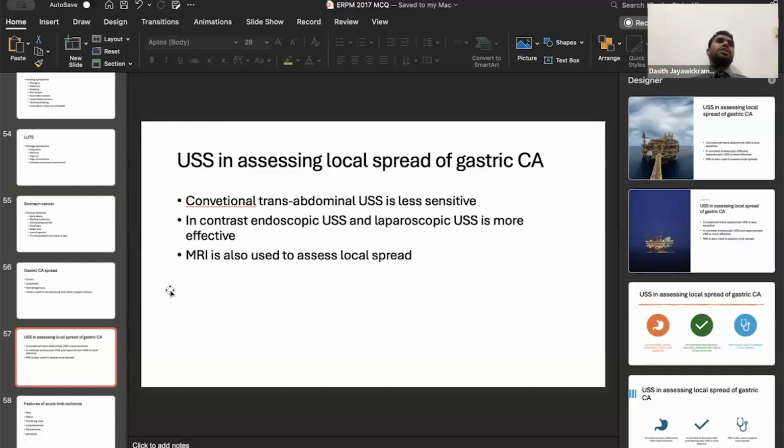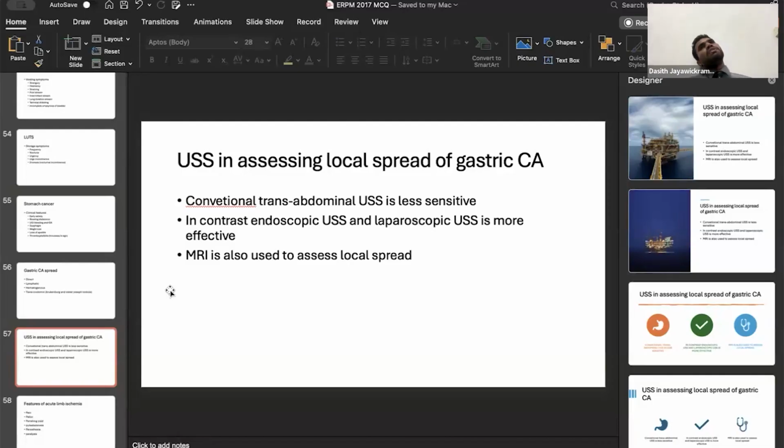Endoscopic ultrasound, yes, true. We can do endoscopic ultrasound at the site of the lesion. So we can assess how much depth the lesion has, and stage it by the TNM classification, the T classification. Whether the submucosa is involved, the muscularis level is involved, beyond that the adventitia is involved, like that we can assess. And laparoscopic ultrasound, yes. Endoscopic ultrasound, yes.